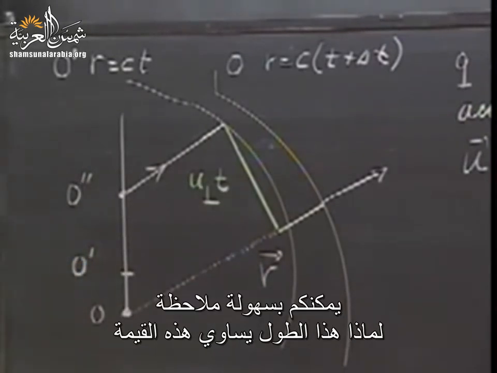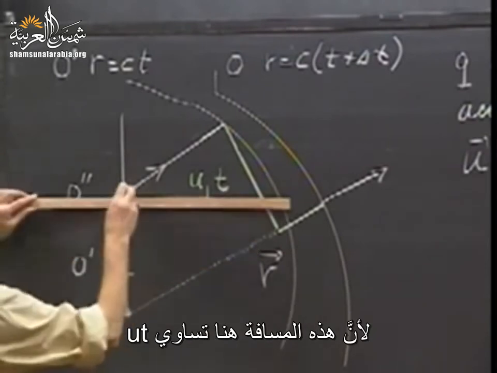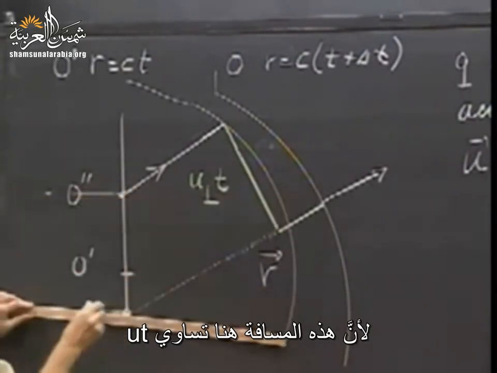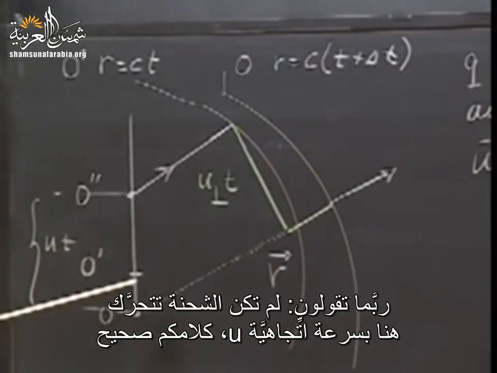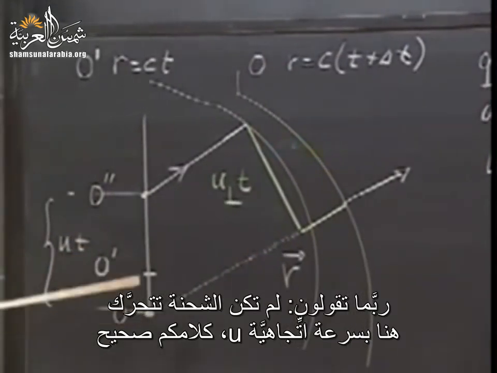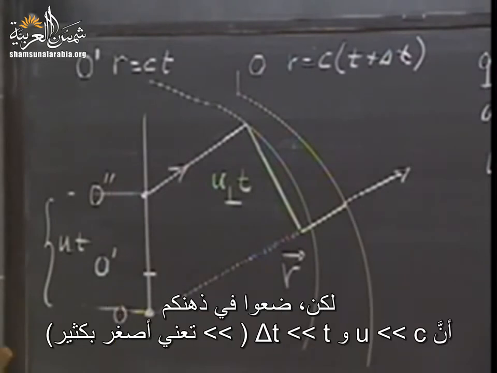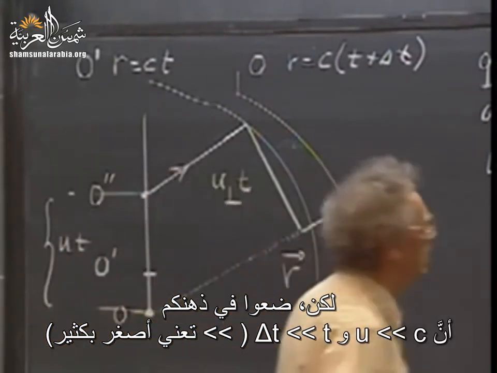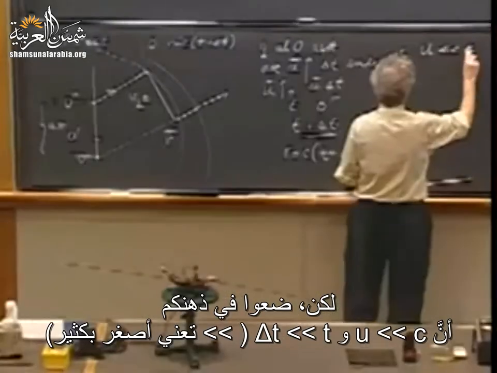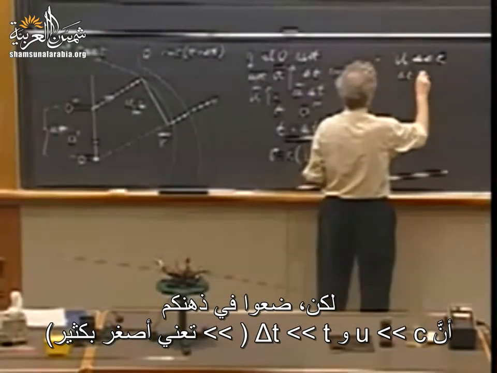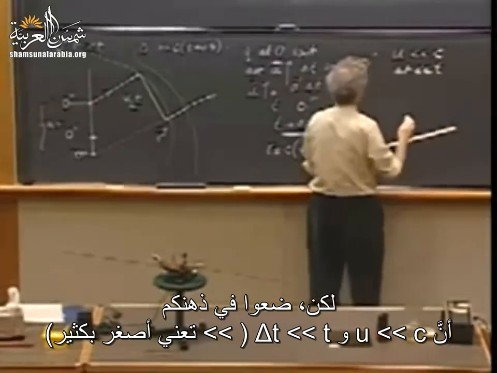And you can easily see why that is the case, because this distance here is ut. Now you may say, well, it wasn't going with velocity u here. I grant you that, but keep in mind in whatever follows that u is way, way smaller than c. Delta t is way, way smaller than t.